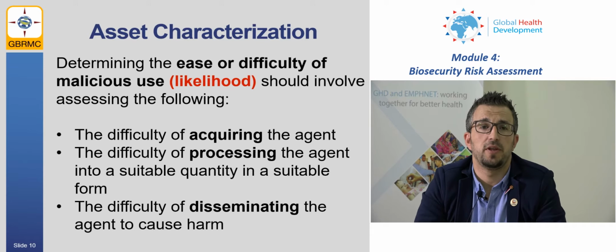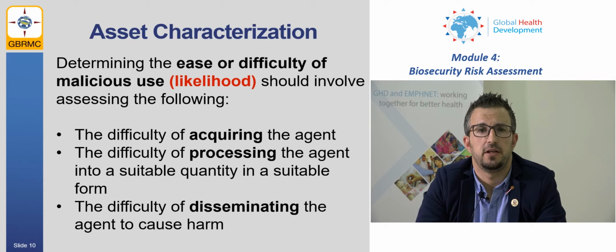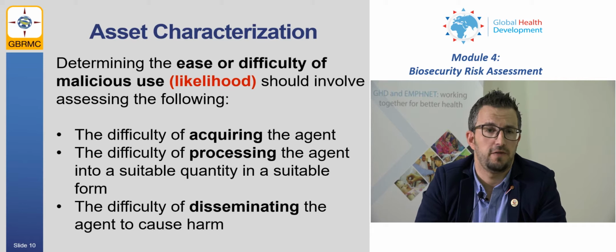When we talk about the characterization, we should think about the likelihood and the factors that can affect it: how an adversary can come inside our institution, attack this laboratory, and release or steal this material. We should think about the difficulty of acquiring this agent. Is it available in the environment or not?